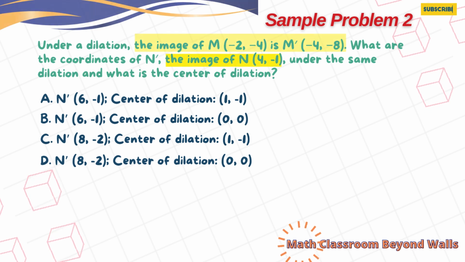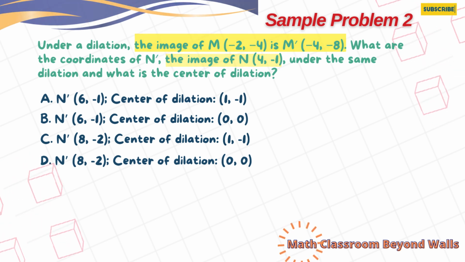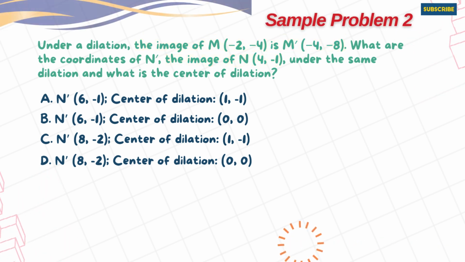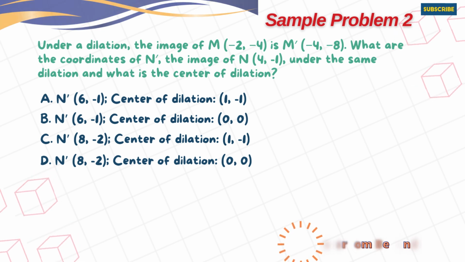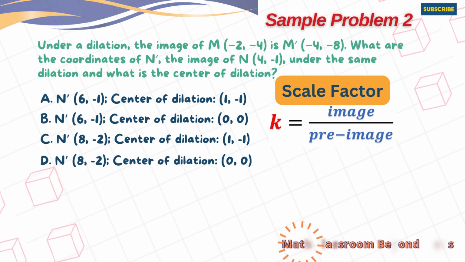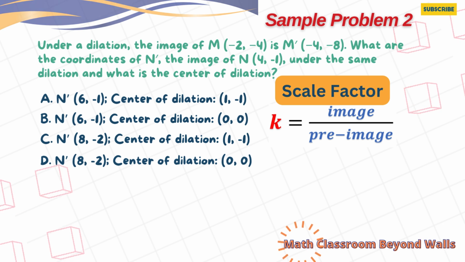Okay, so we will first find the coordinates of N prime, the image of N. To do this, we first need to get the scale factor of the dilation. Take note that the scale factor is the ratio of the image over the pre-image. Here, we're given the coordinates.